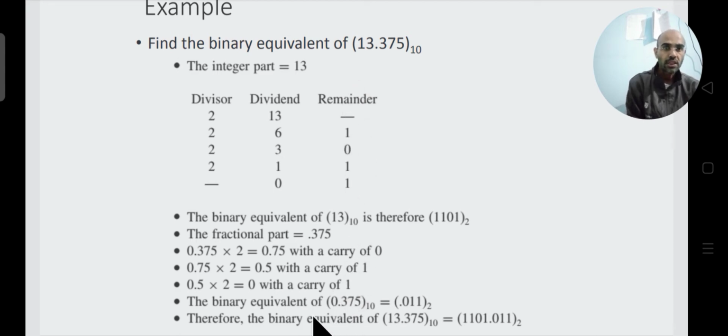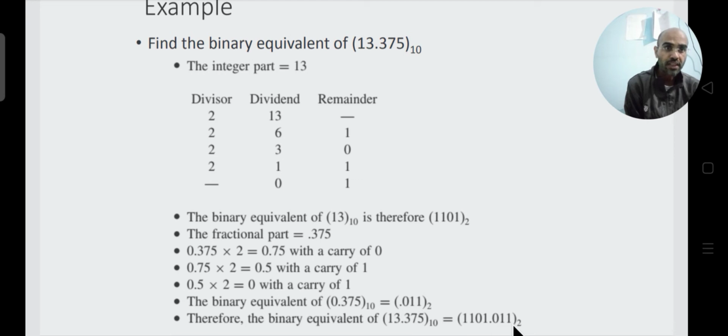Now, in the question, the total number given was 13.375. So the binary equivalent of 13.375 is nothing but the binary equivalent we obtained earlier for 13, which was 1101, together with the fractional part.